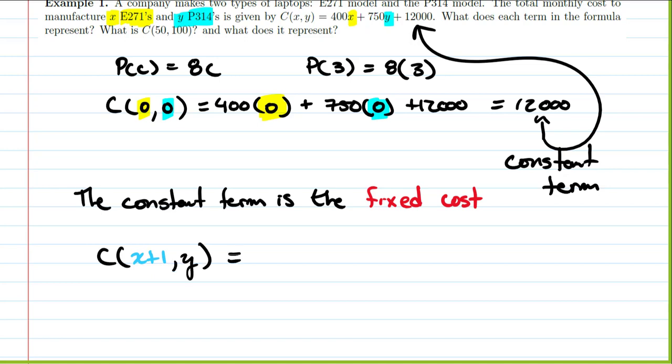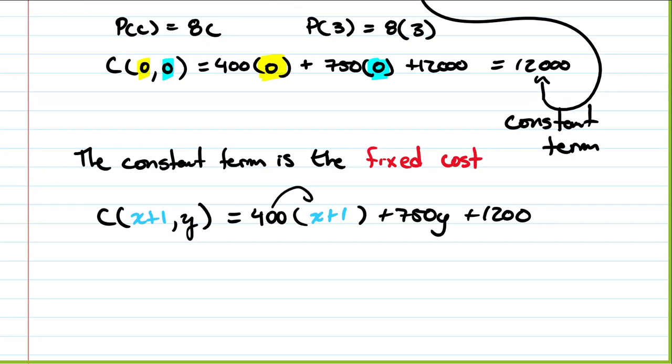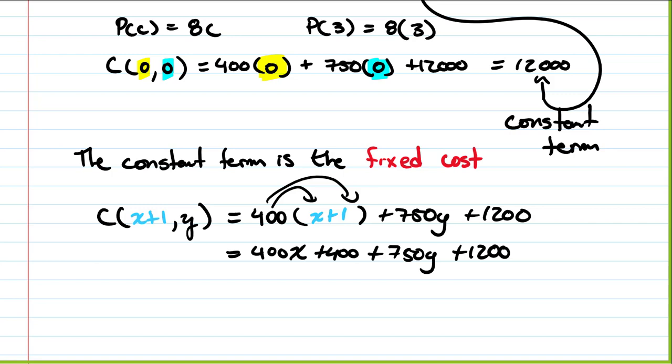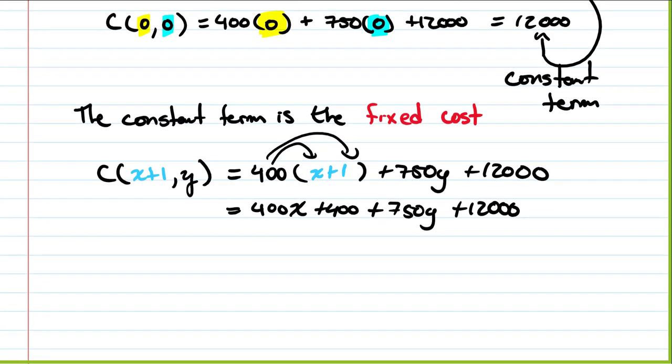Then that would tell me everywhere I see an x, this time I'm going to replace it with x plus 1. So then plus 750y plus 12,000. So then if I were to distribute into my parentheses, I get 400x plus 400 plus 750y plus, I have a typo in the previous line, 12,000.